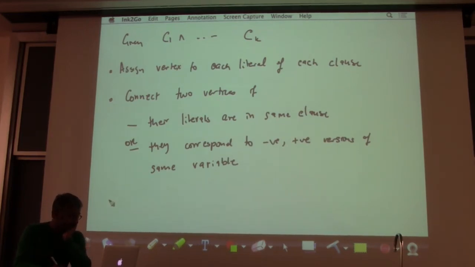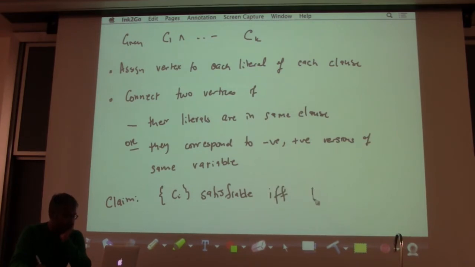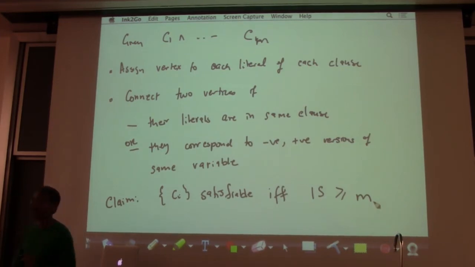And the claim is the set of all the Ci is satisfiable if and only if the independent set of this graph has size at least m. So this is a proposed reduction. I'm not saying it's correct. And now we have to prove it.